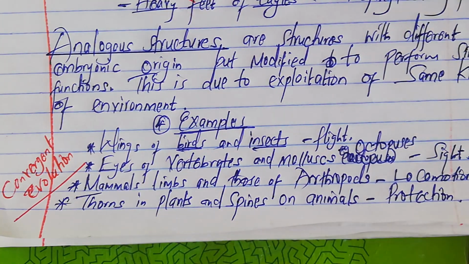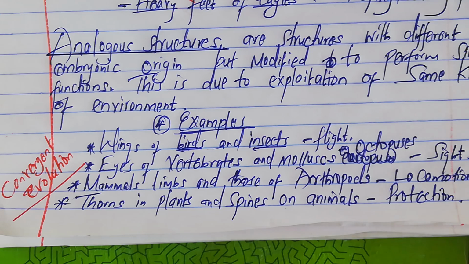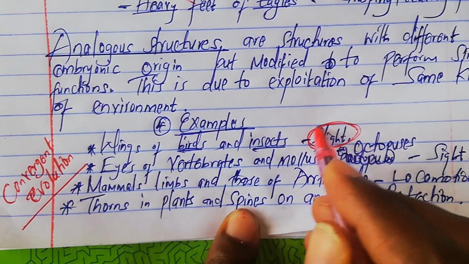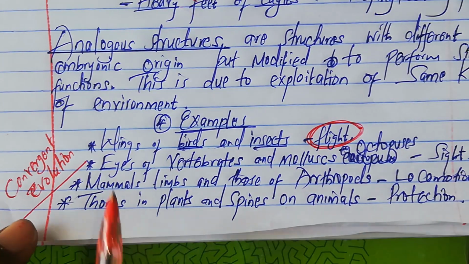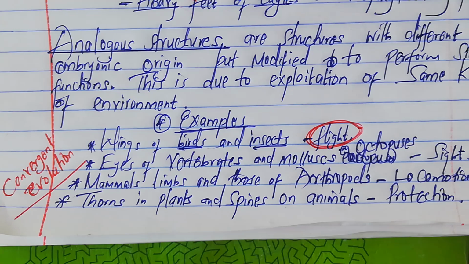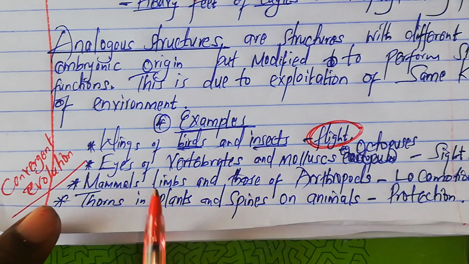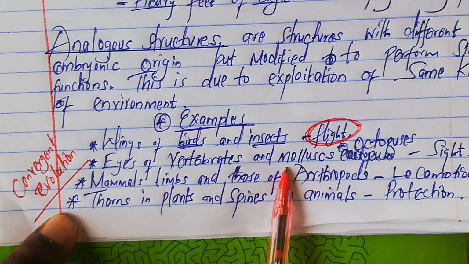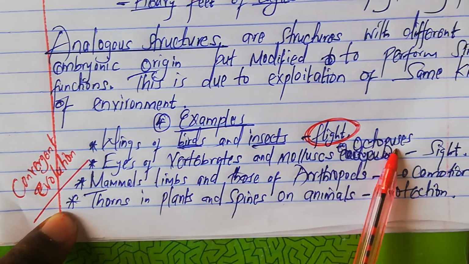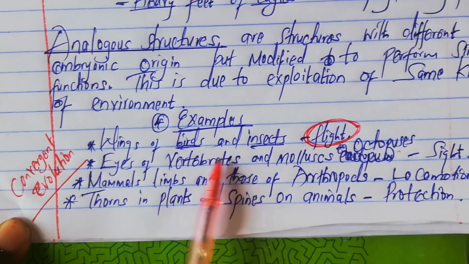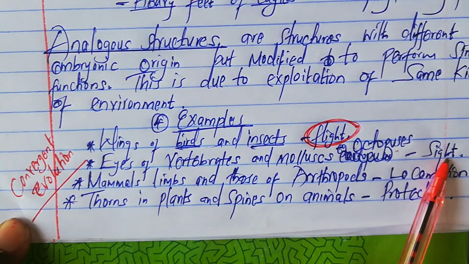Wings of birds are from a different embryonic origin from the wings of insects, but the function of flight is common. The eyes of vertebrates and those of mollusks. Examples of mollusks, we can talk about the octopuses. These eyes of vertebrates and the eyes of mollusks, e.g. the octopus, are used for sight. Different embryonic origin, similar function.